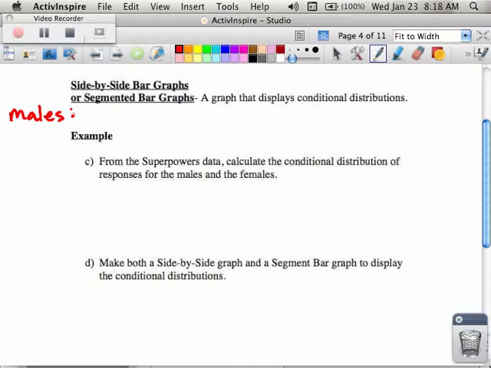So if we're looking at the males, and we look at the first superpower, which was invisibility, we see that there were 13 out of 85 for the males. And then if we look at the second thing, for super strength, that was 17 out of 85. If we look at the third thing, that was 5 out of 85, which was referring to telepathy.